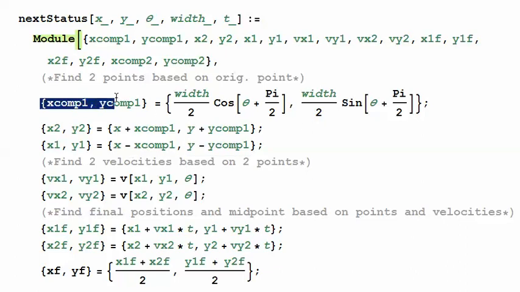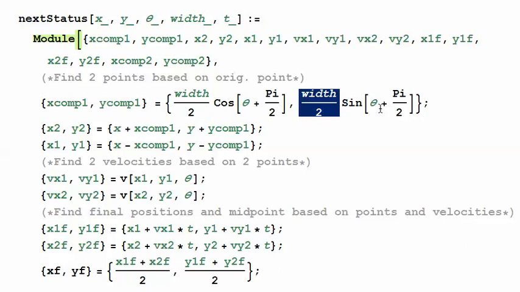These two points were based on the current direction that the photon was traveling, basically rotating that direction by 90 degrees and adding width over 2.